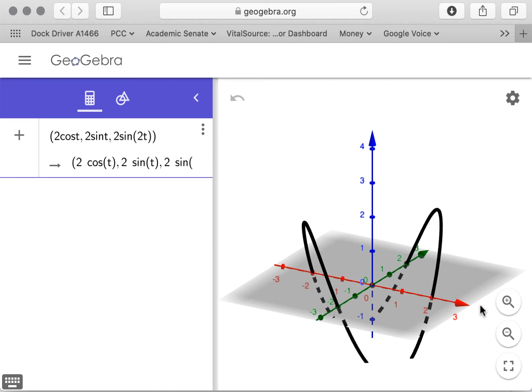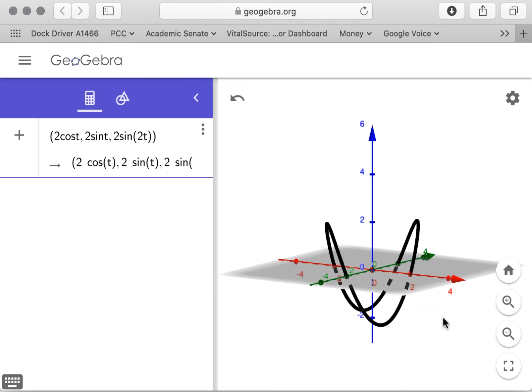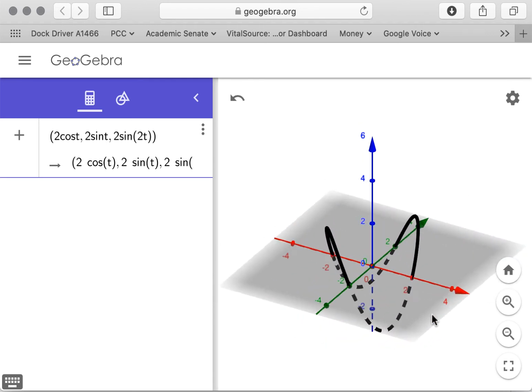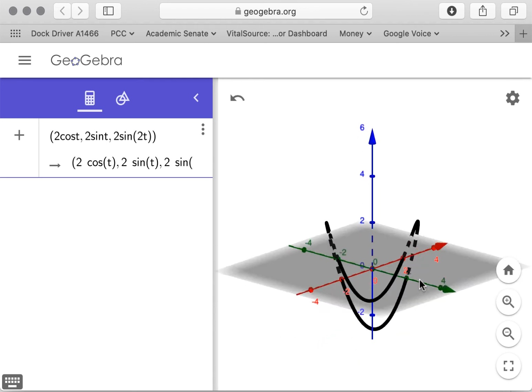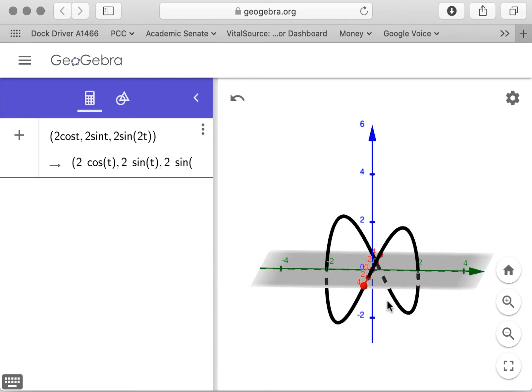What we see here is cut off a little bit, so let me zoom out. It looks like a hoop earring that somebody really had a bad day with. Anyway, it's the curve of intersection. To see how this is the curve of intersection, let's graph the surfaces. To graph the surfaces, we just type in the equations the way they appeared.